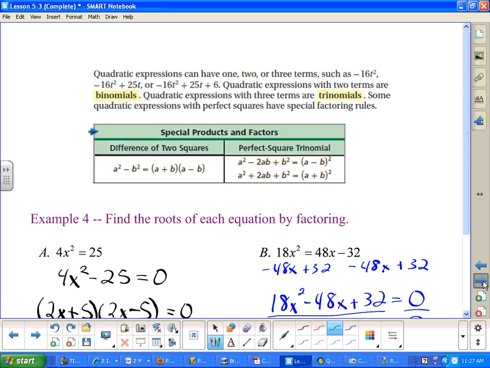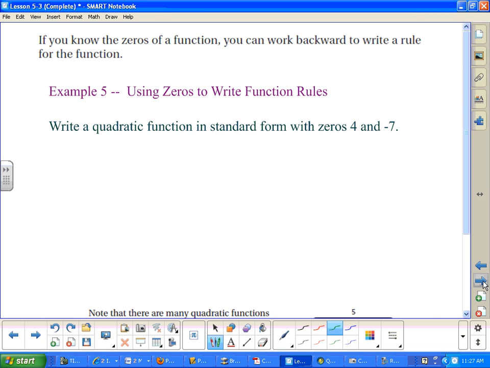So if I want to take these zeros here, 4 and negative 7, and find the quadratic function for them, the first thing I will do is write it in factored form. And the factors are always the opposite. So here we have x minus 4, and the opposite of negative 7 is positive 7.